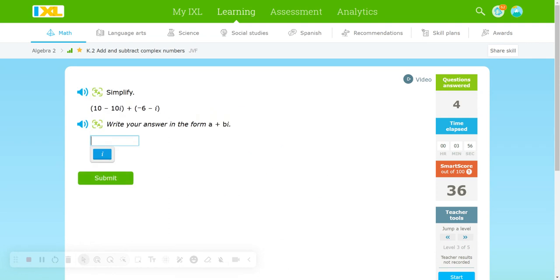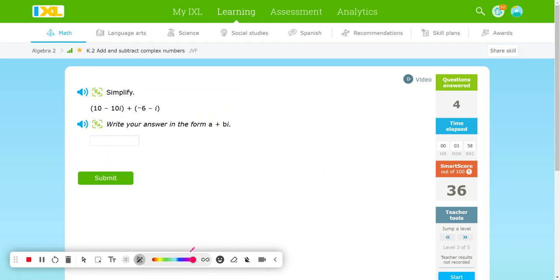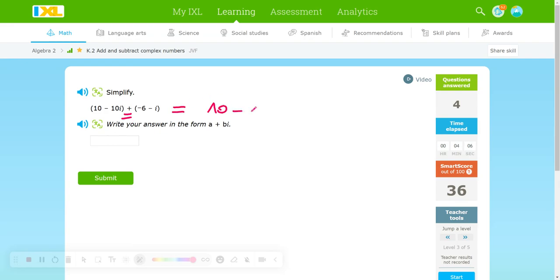Same thing happened. Open your parentheses, but pay attention here. Here's a plus sign, so when you open it, nothing changed. So 10 subtract 10i, negative 6 and then negative i. Now I group the numbers in the front and the i in the back.